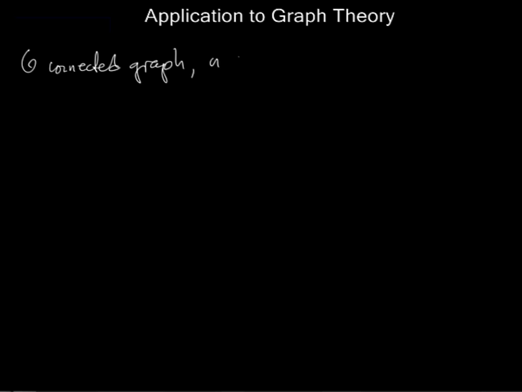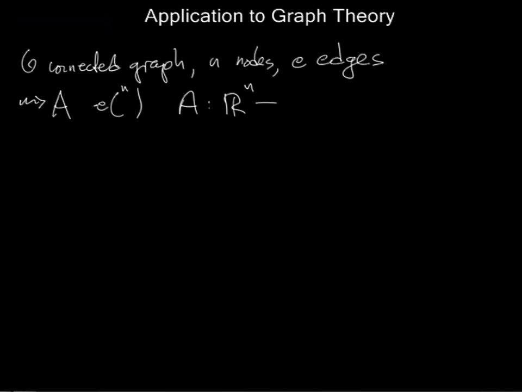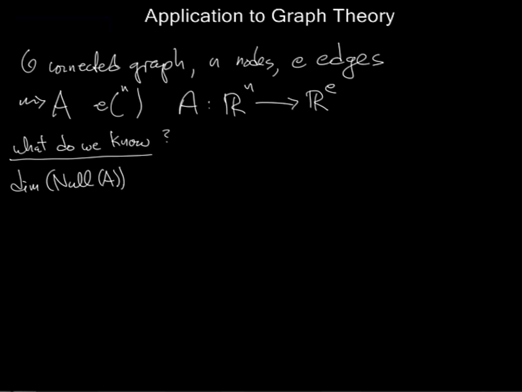Okay, so let's put this all together. Suppose you have a connected graph with n nodes and e edges, and you construct its incidence matrix. This is a map from Rn to Re. Let's think what we know about it. Since the graph is connected, I've already told you that the dimension of the null space is 1.